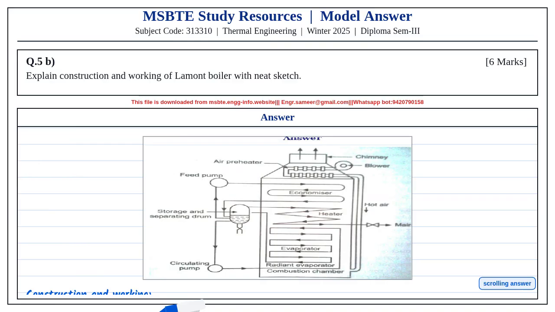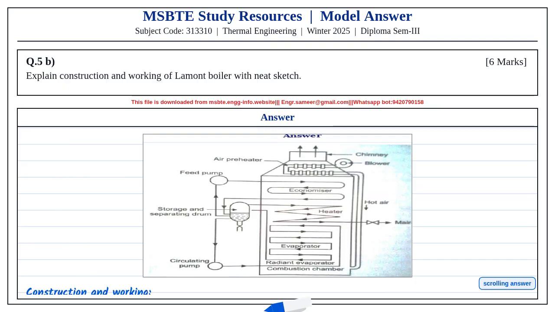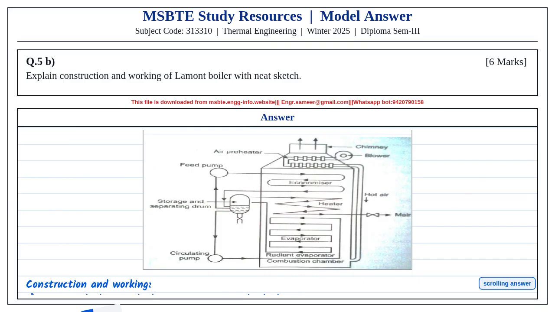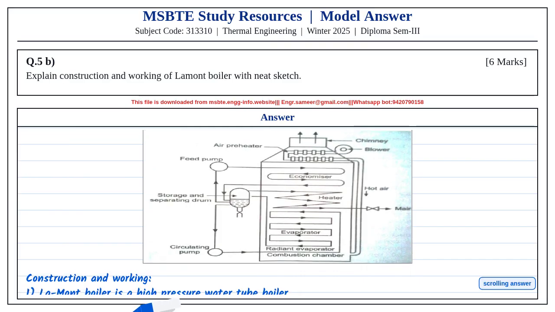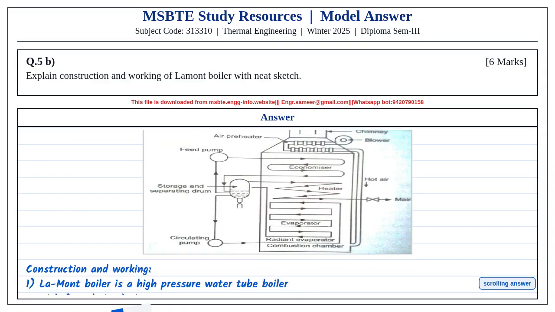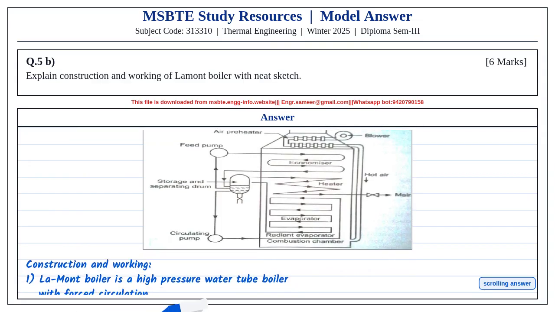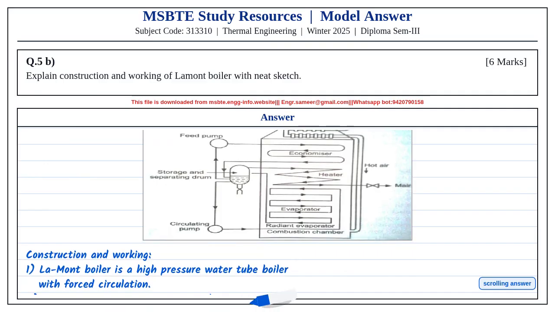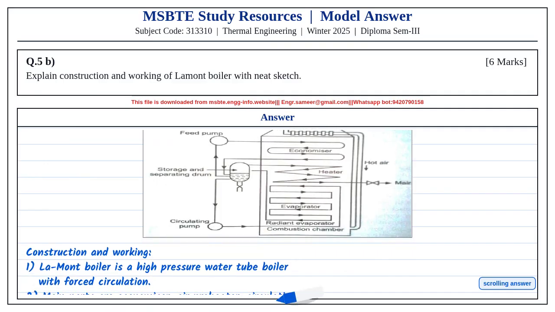Observe the main parts: feed pump, economizer, air preheater, storage and separating drum, circulating pump, evaporator tubes, radiant evaporator, superheater, chimney blower and steam outlet. Notice the forced circulation path of water through evaporator tubes and return of steam water mixture to the drum.